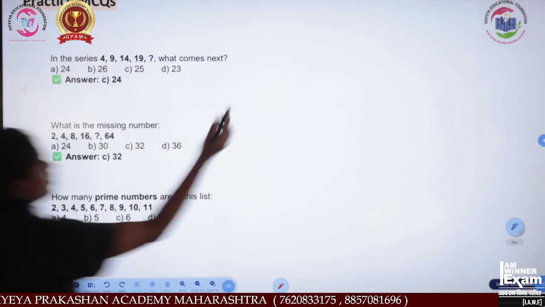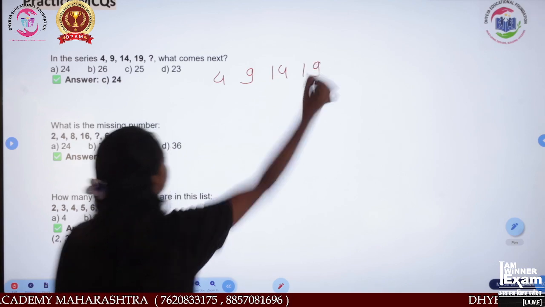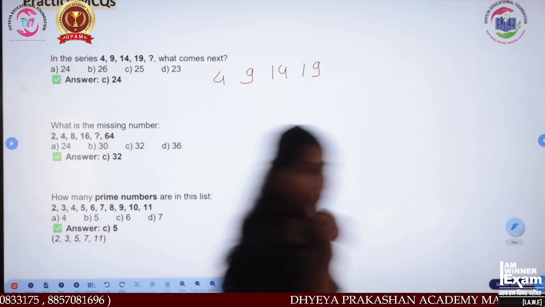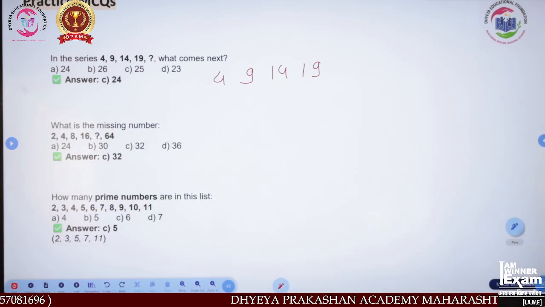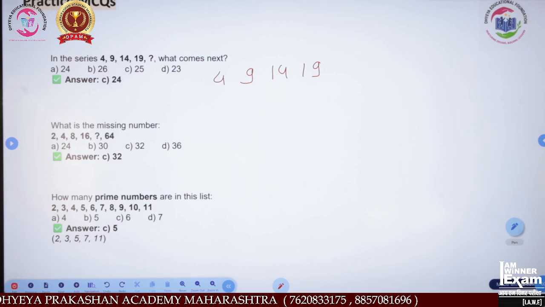Let's write the series here: 4, 9, 14 and 19. What comes next? If you look carefully here, the first number is 4, then the second number is 9, then again the number is 14 and then again the number is 19.